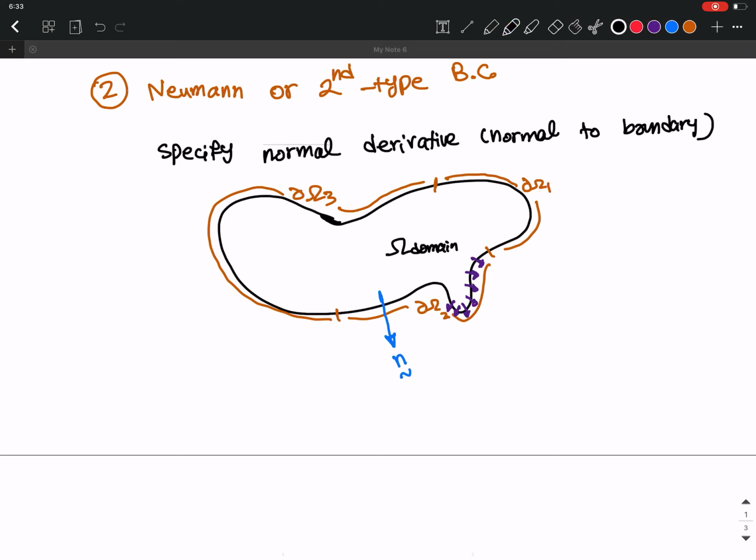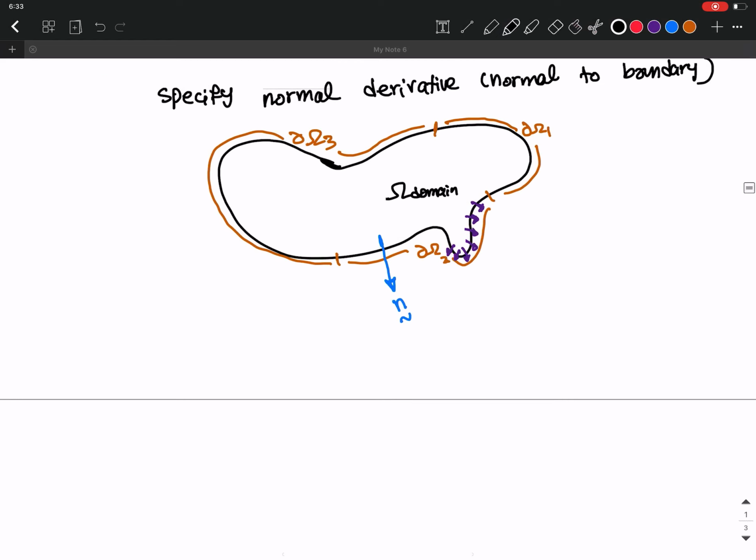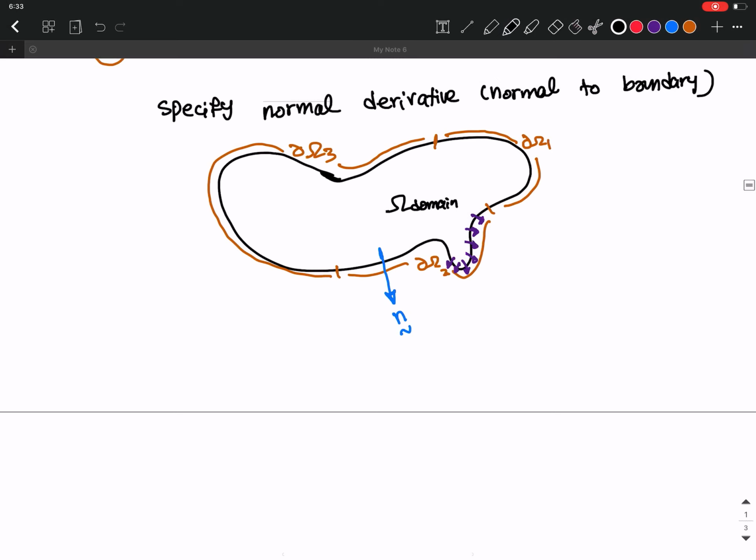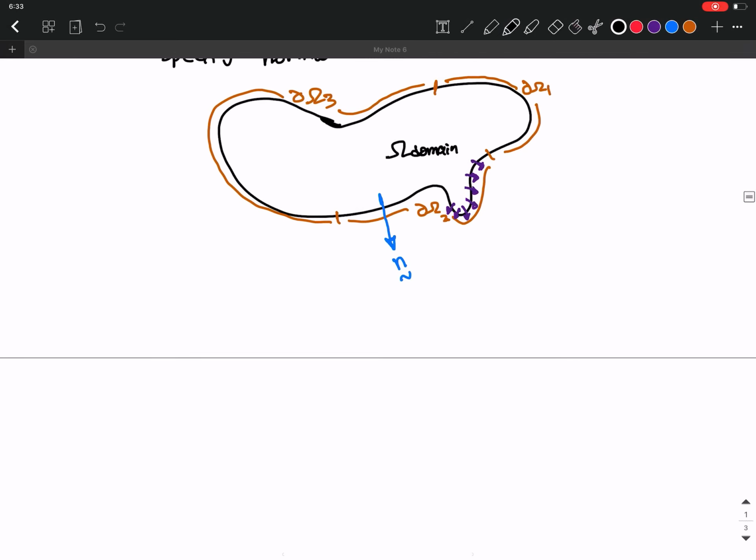So the way you define it is to specify the normal derivative at that location. So what I'm going to do is this. I'm going to say partial u partial n, where n is the normal vector to the boundary, at gamma 2 omega 2.